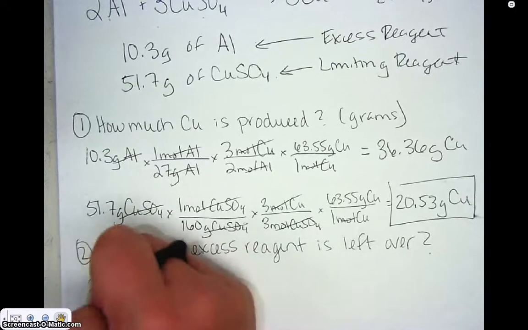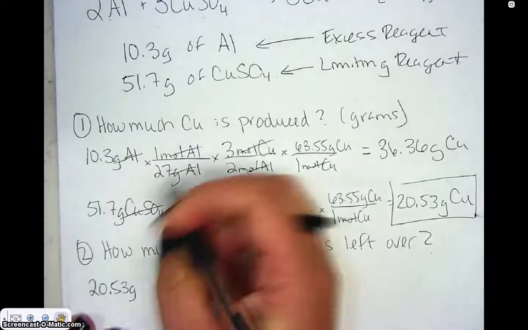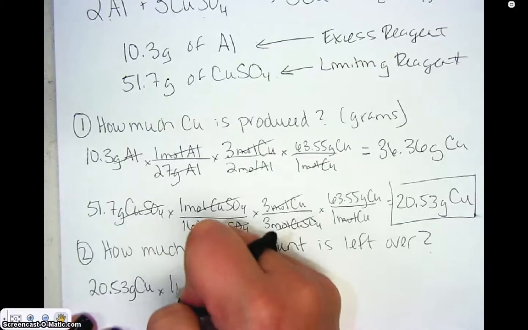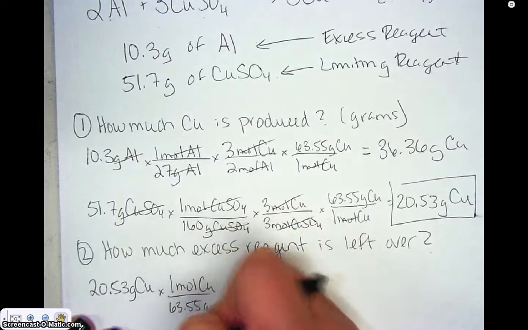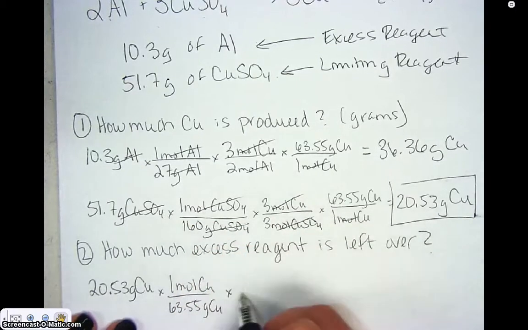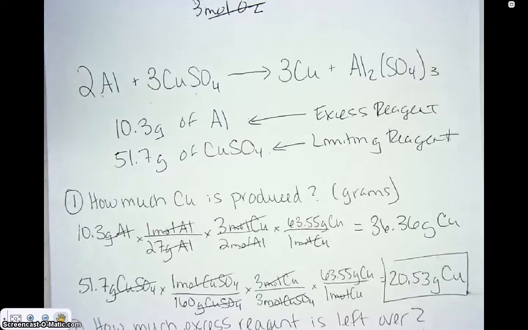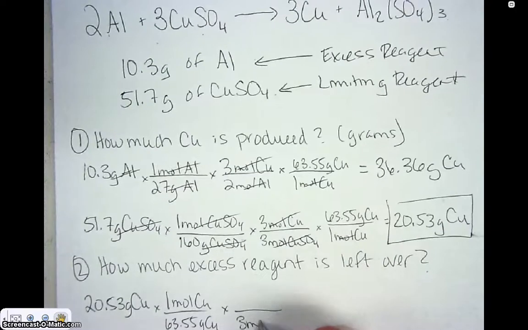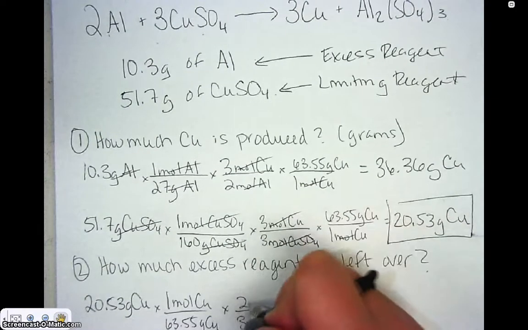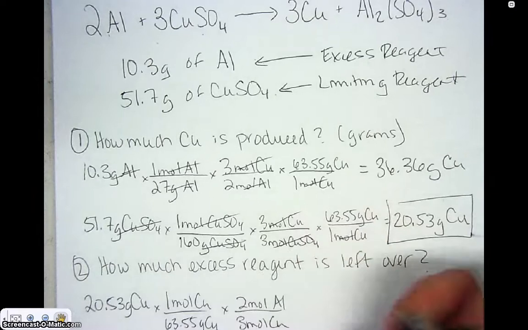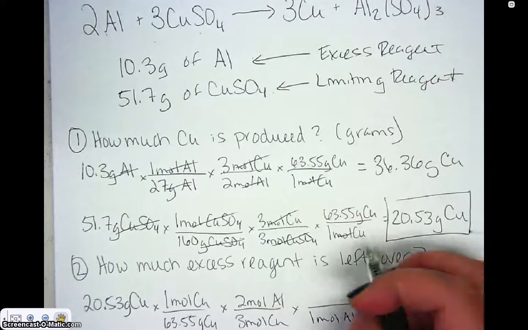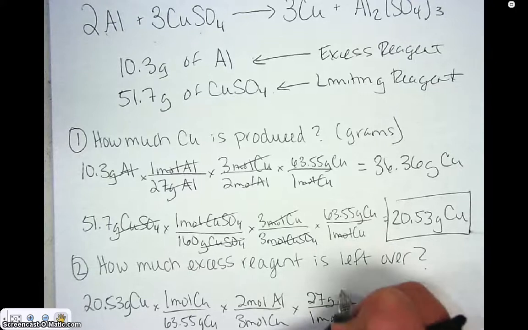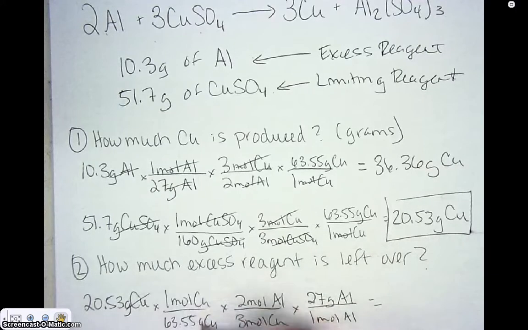Okay, so we'll start and say, so if I can make 20.53 grams of copper, and I know 1 mole of copper is 63.55 grams of copper, and for every, we've got to look up at our formula here, for every 3 moles of copper, I need 2 moles of aluminum. And 1 mole of aluminum is 27 grams of aluminum. And all of this will cancel.